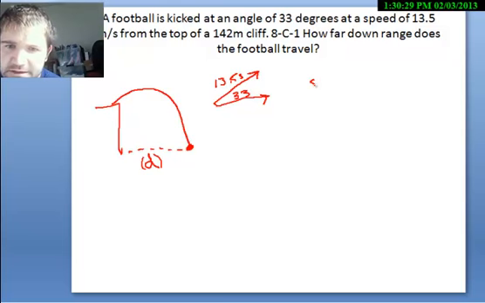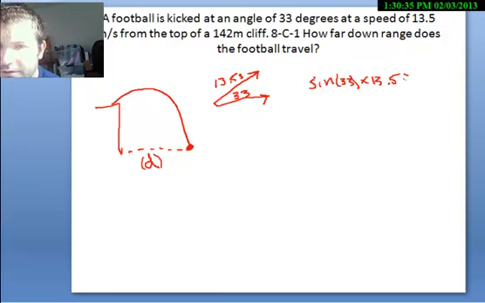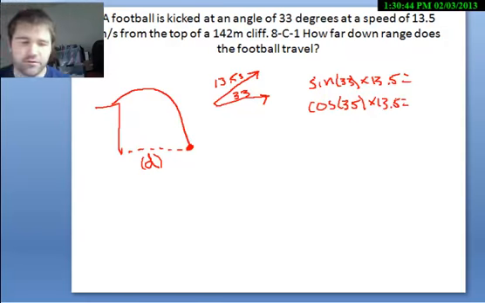So I take sine of 33 times 13.5, and that will give me my initial vertical velocity, and I take cosine of 33 times 13.5, and that will give me an initial horizontal velocity.